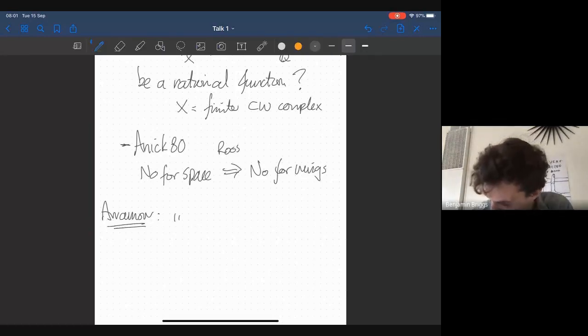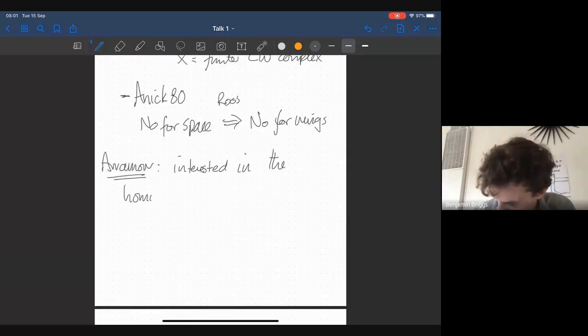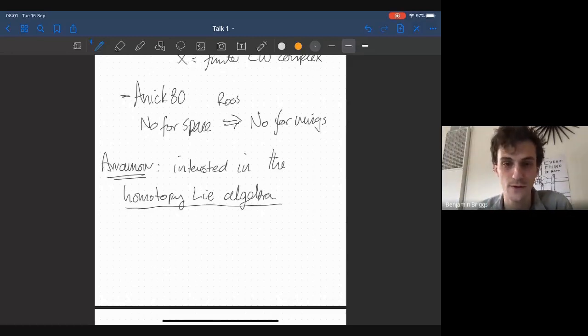He was interested in an invariant called the homotopy Lie algebra. So the rest of this talk is going to be about the homotopy Lie algebra, and a lot of the next talk is going to be about the homotopy Lie algebra as well and how to construct it.